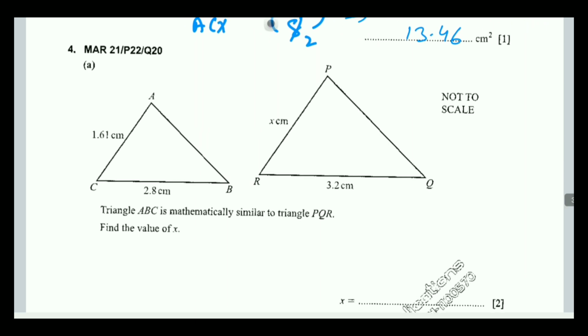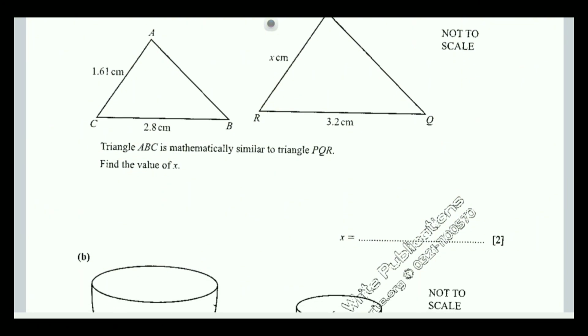Okay, triangle ABC is mathematically similar to triangle PQR. Find the value of x. This is also very easy. We will use the ratio method. If I use 2.8 of the smaller triangle, its corresponding side is 3.2.